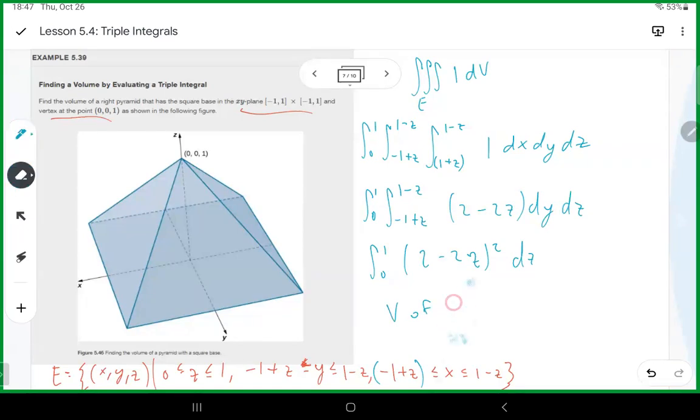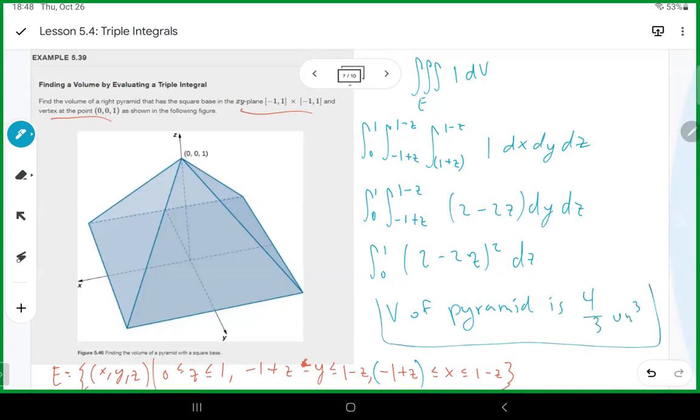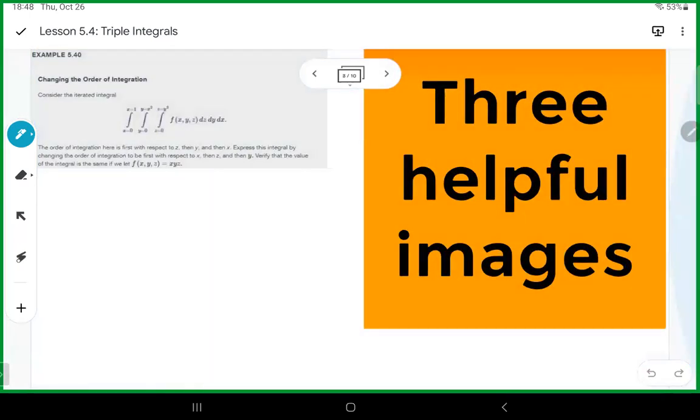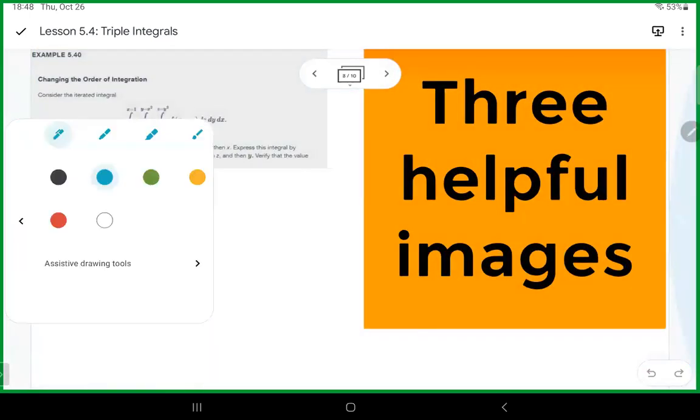I guess I should spell it out because that's really delta here. The volume is 4 units cubed. Okay. Still hopeful we're going to get out kind of early.